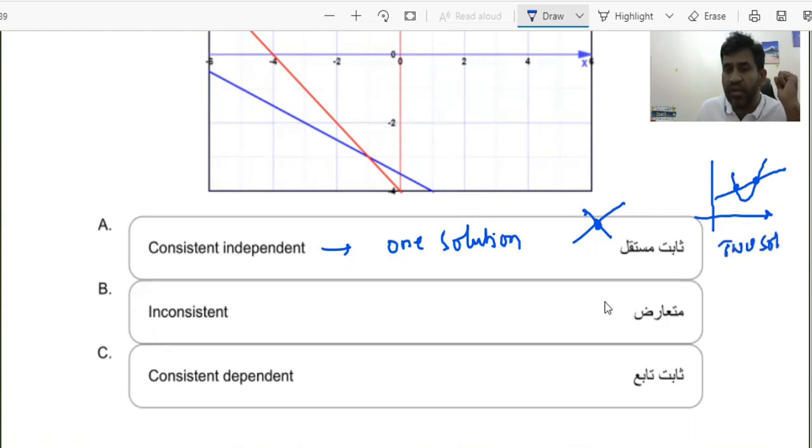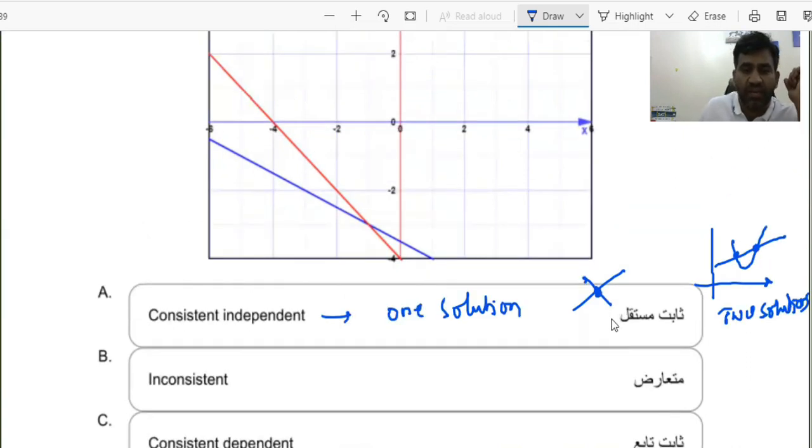So just keep it in mind, at how many points they are meeting, that many solutions the system of graphs has. If more than two graphs are there, all of them should meet at the fixed point, that many solutions. In our case, consistent, independent means one solution, and the two lines which have been represented are meeting at 1 point. That's what I can say is one solution, and that is called consistent, independent.